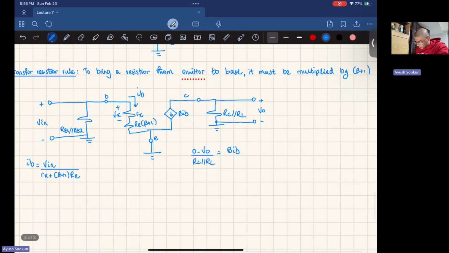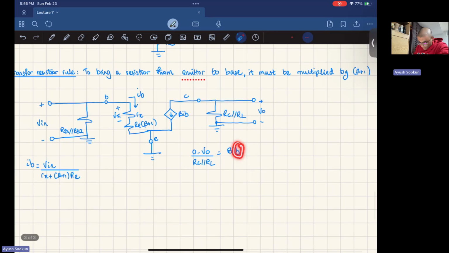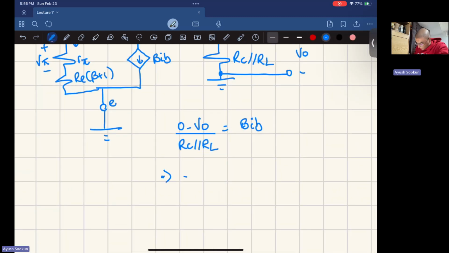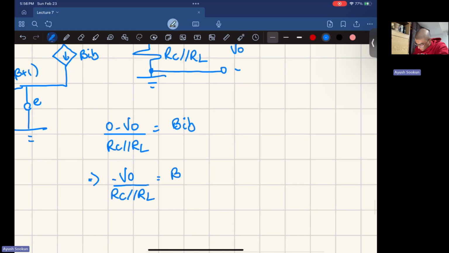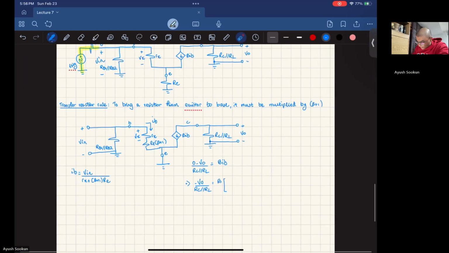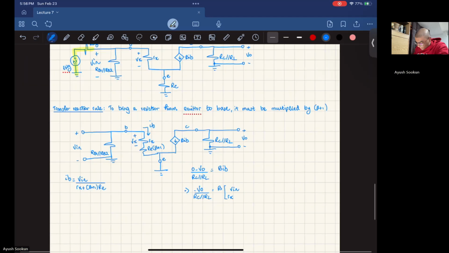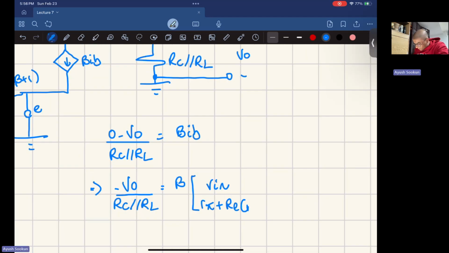Now guess what? I have IB in terms of Vn, and my goal is to find a ratio between the output and the input. So I can take this IB equation and sub it in for the IB here. I have minus V0 over RC parallel with RL, and that's equal to beta times IB, which is Vn over R pi plus Re times (beta plus 1).